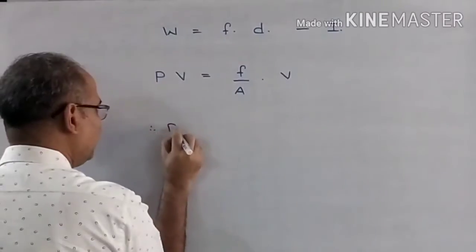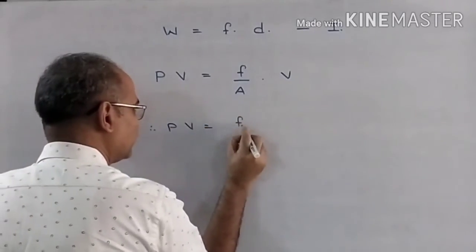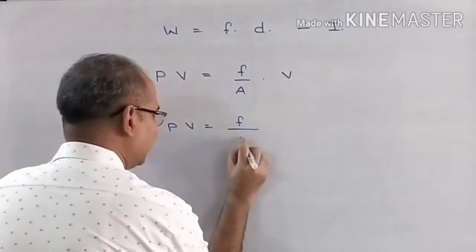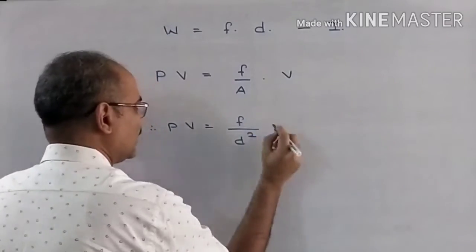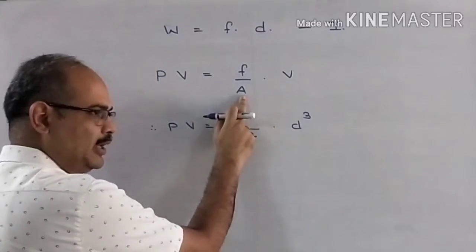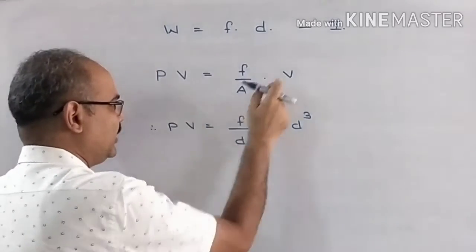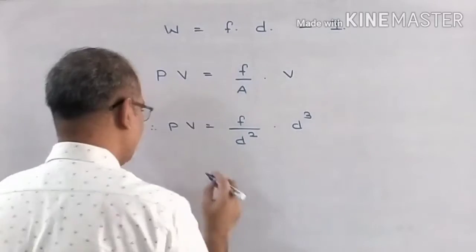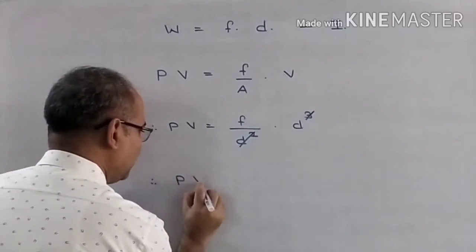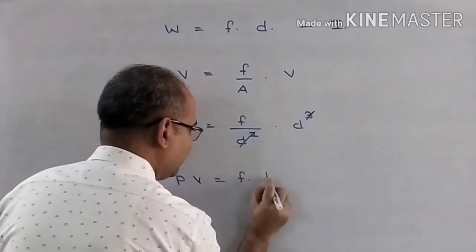Therefore, PV will be equal to F upon area. Area means distance square. Let the distance be small d. Volume means distance cube. So I am substituting area as d square and volume as d cube. Now only one d will remain. Therefore, PV is equal to F into d.